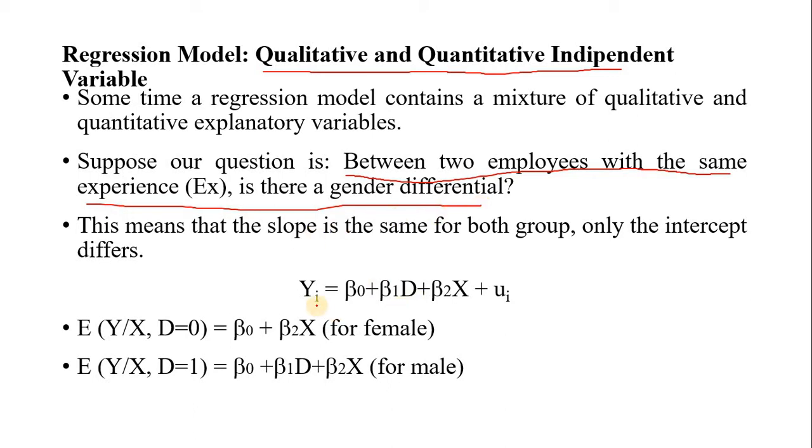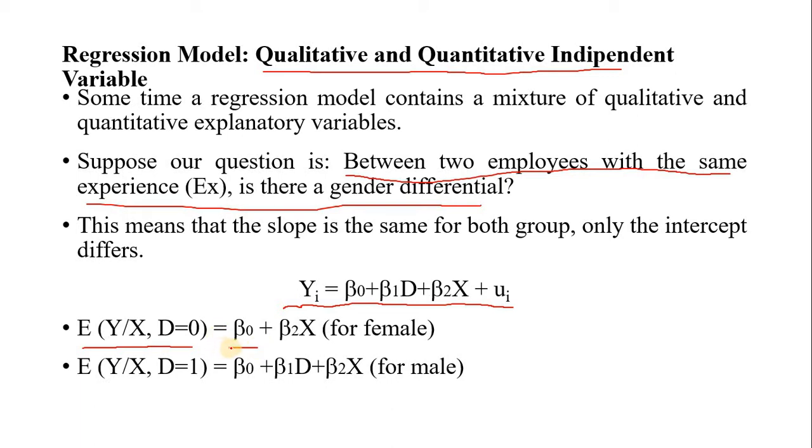I am specifying this as wage, or y, equal to beta 0 plus beta 1 d plus beta 2 x plus u. That means wage is a function of gender as well as experience. What will be the expected wage when the dummy is equal to 0 and experience is there? It will be beta 0 plus beta 1 into 0, so beta 1 drops out.